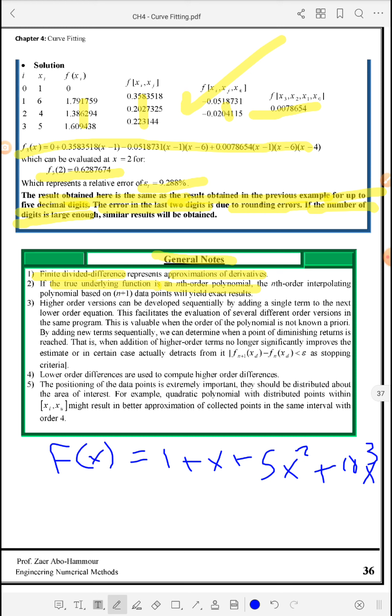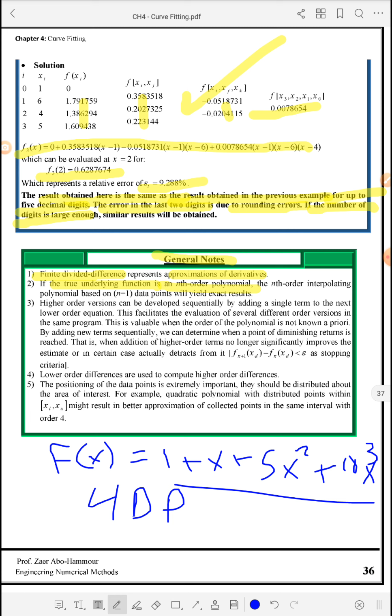Then assume that from this function we have sampled 4 data points, from x naught, f of x naught, till x3, f of x3. And then we have used a third order interpolating polynomial based on Newton or any other method.